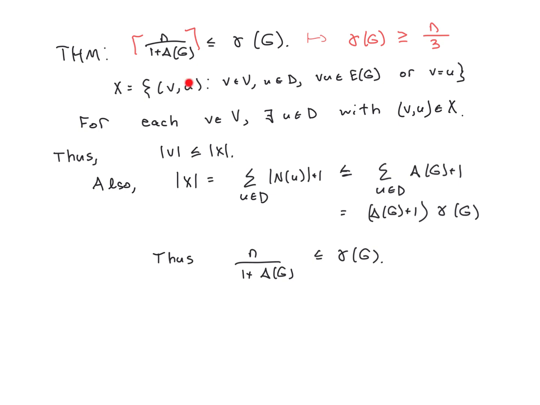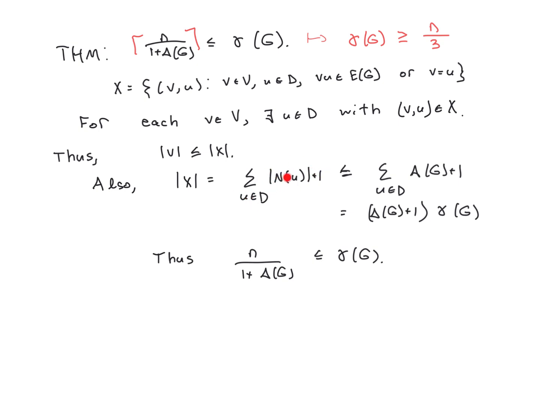On the other hand, if we focus on the second coordinates, the size of X is this summation. For every second coordinate U, every neighbor of U could be a first coordinate, and U itself can be a first coordinate. So the size of X is the sum over every vertex in the dominating set, and we sum up this term each time.